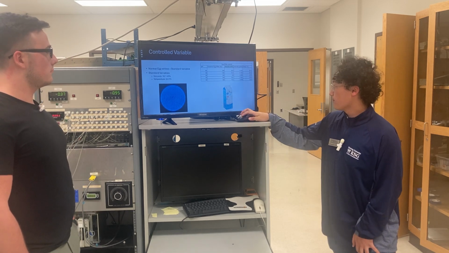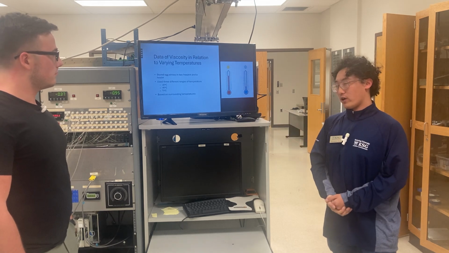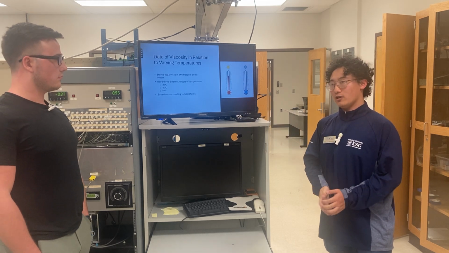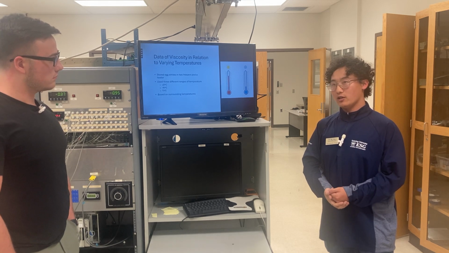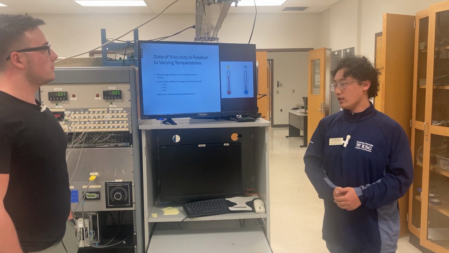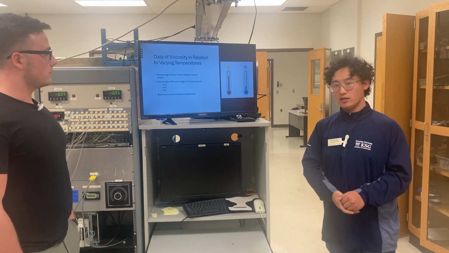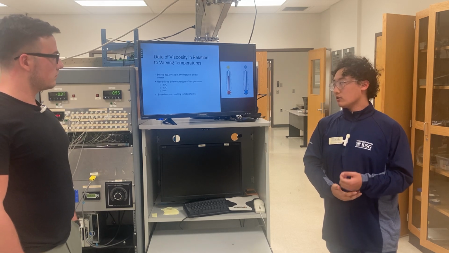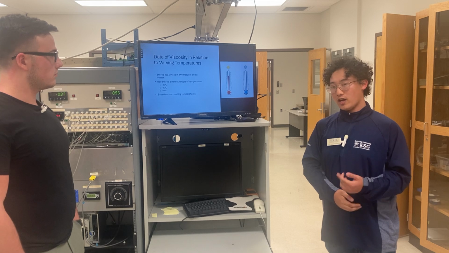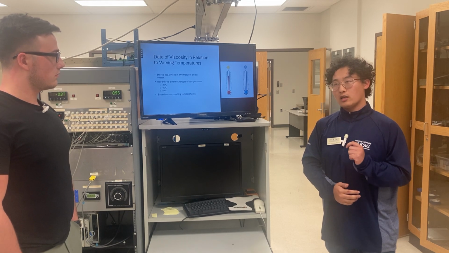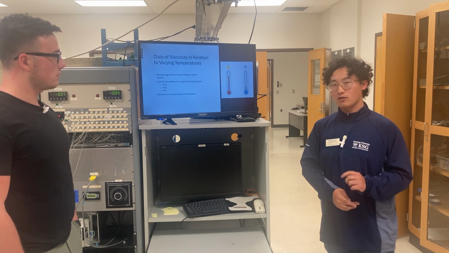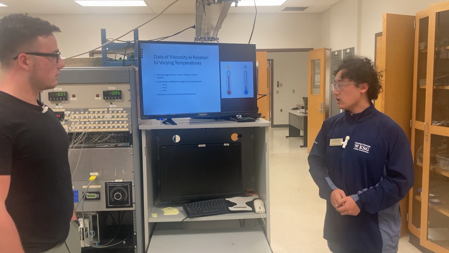For our first parameter, we did temperature, and how egg whites change with the temperature of the environment they're placed in. We did 3 different tests: negative 20 degrees Celsius, negative 80 degrees Celsius, and 70 degrees Celsius, for hot, cold, and super cold.